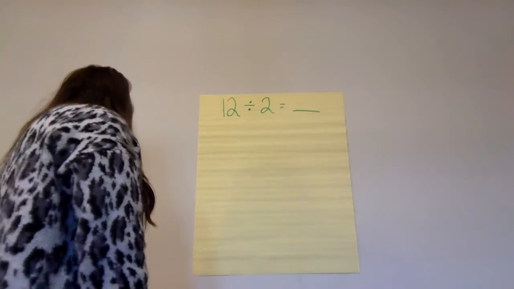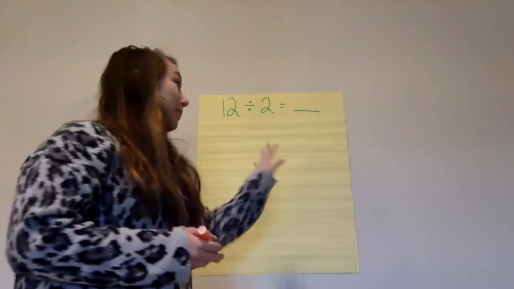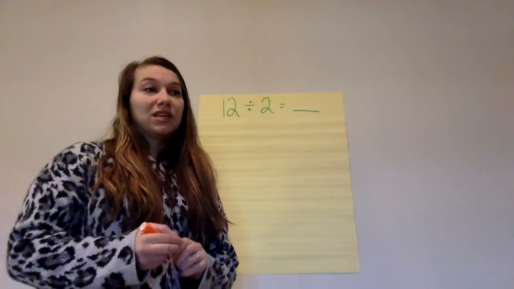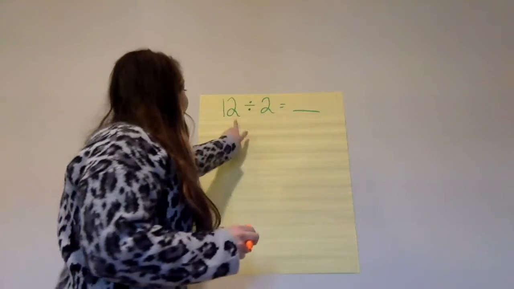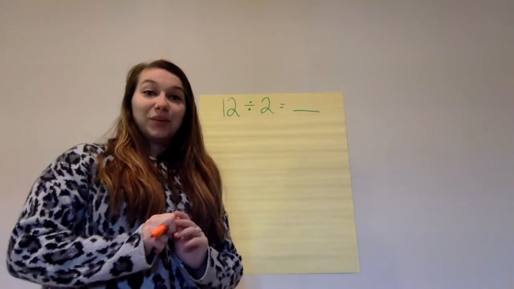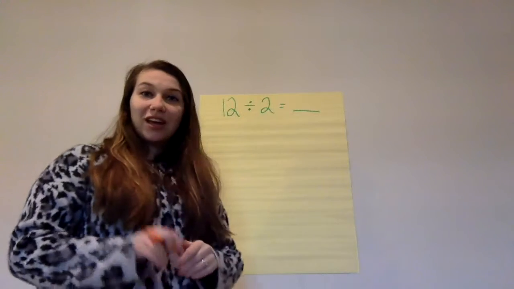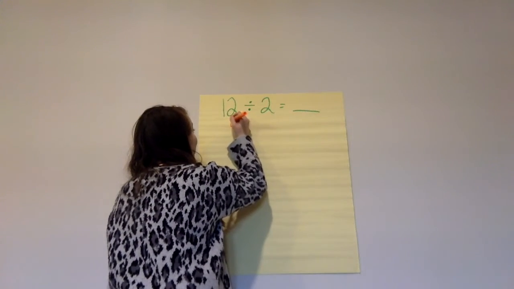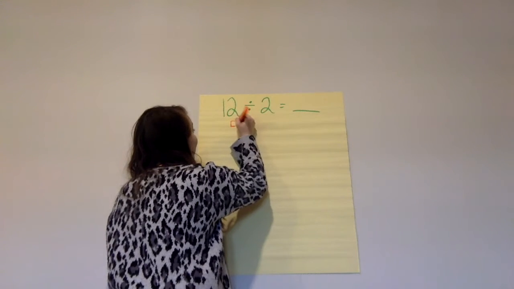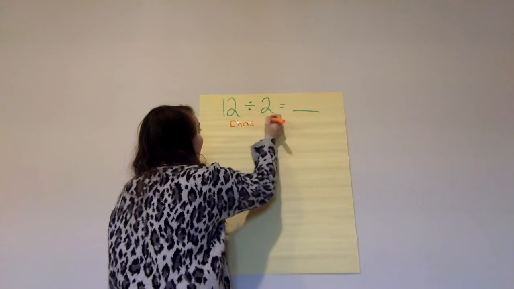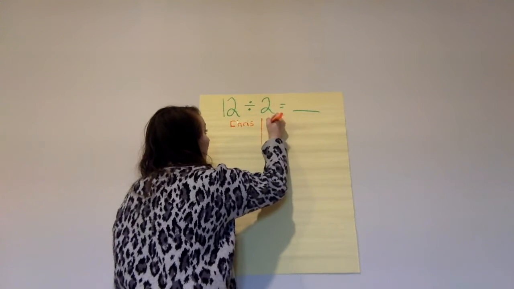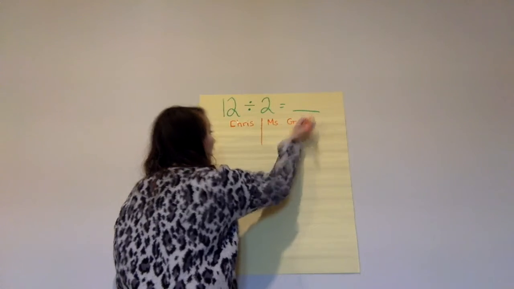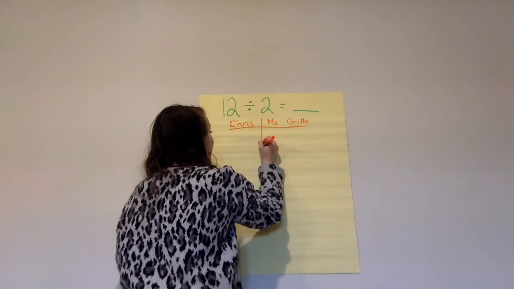So if I am going to draw a picture to represent this, I am going to need 12 cookies. And how many groups are we dividing them into? 2. Very good, because there's me. So we'll do Miss Grillo, we'll do Chris, and then we'll do Miss Grillo. All right, so I have my 2 groups.